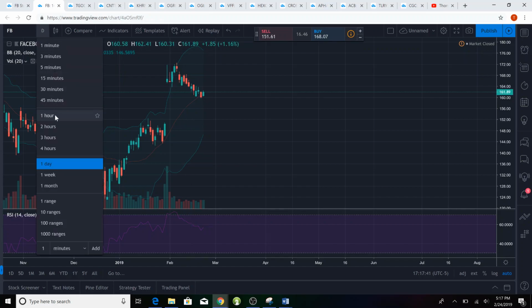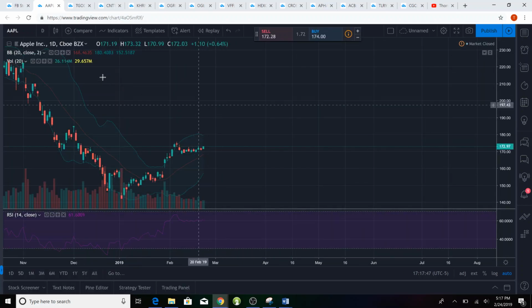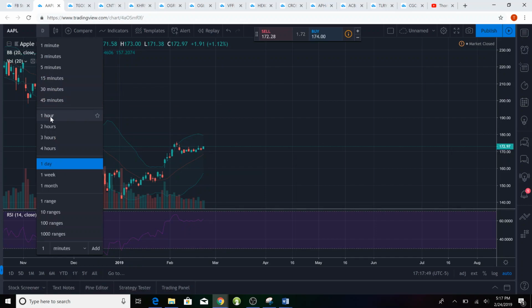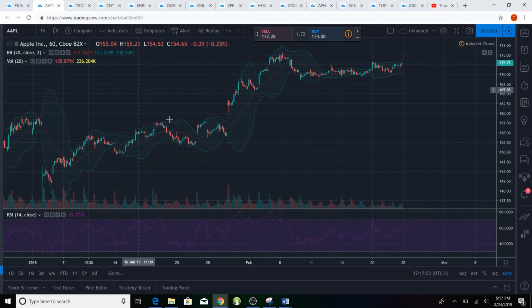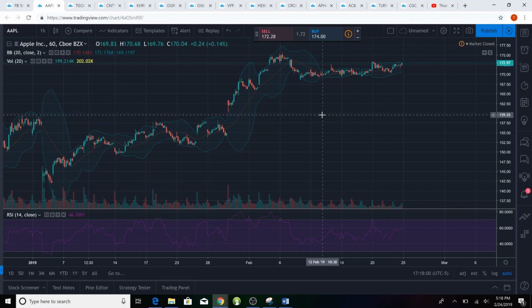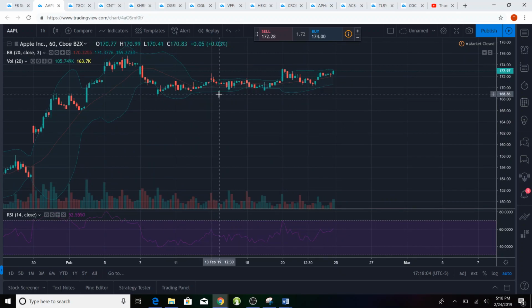So for example, let's see what Apple's doing. Okay, so here's another example of the hourly trend. With Apple, as you saw, same thing as Facebook, it had a nice run up, and then it consolidated for several days sideways, and this is really healthy consolidation. I go to the hourly time frame here because this gives you clues.